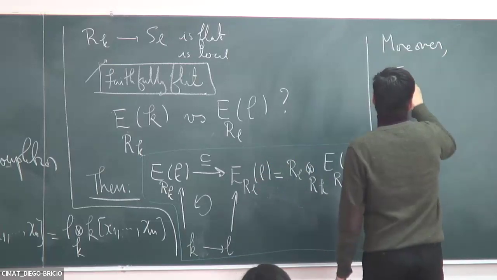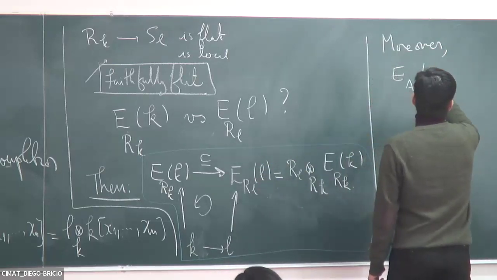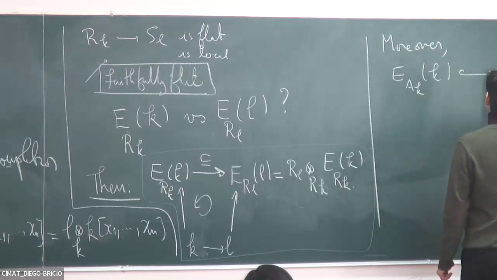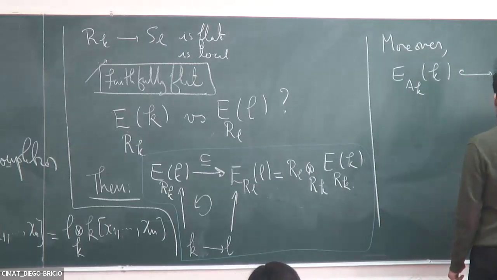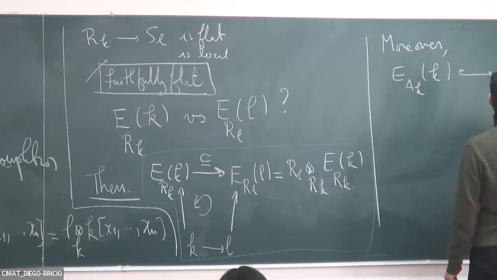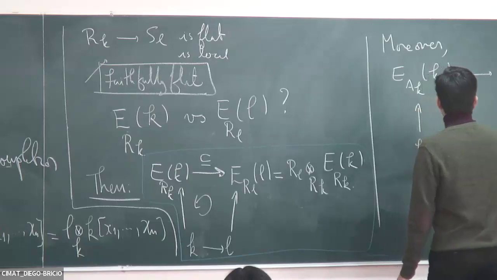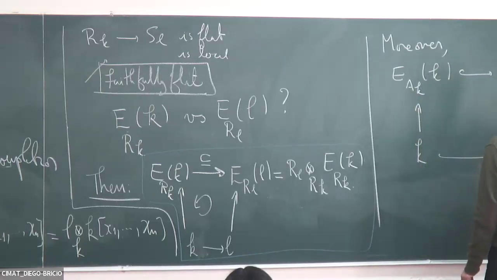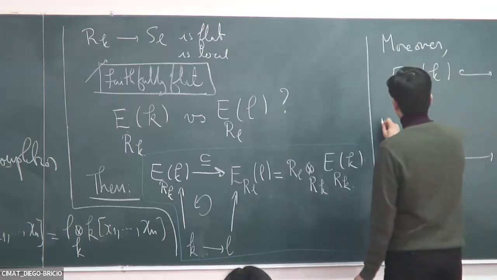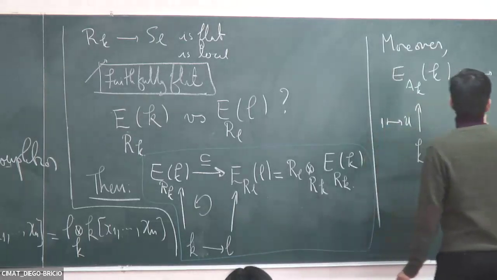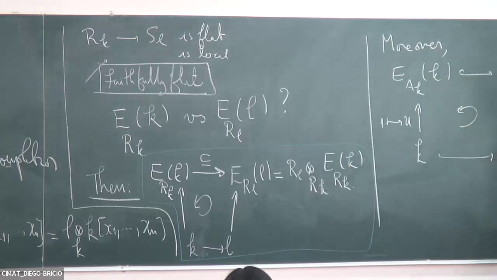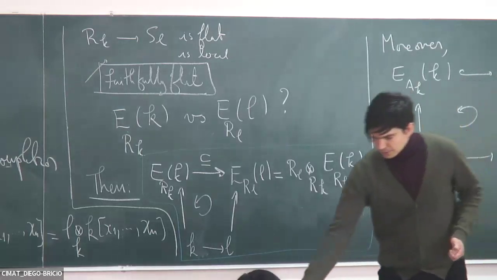So you have, in general, this inside here as a base change: K is inside L, and this maps to the socle element. Here I'm mapping to the socle. So this is commutative.